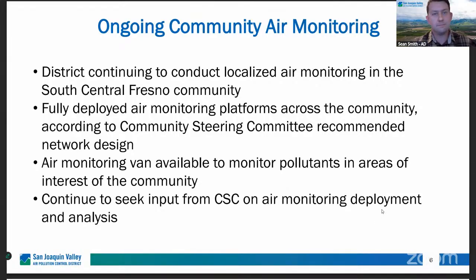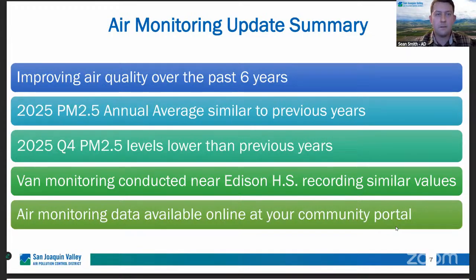Slide, please. So in this presentation, there's going to be an air monitoring update summary. Over the last 6 years, we've been seeing improving air quality within not only the South Central Fresno region, but also valley-wide. In 2025, the PM 2.5 annual average was similar to previous years, and the 2025 quarterly PM 2.5 levels were lower than previous years.